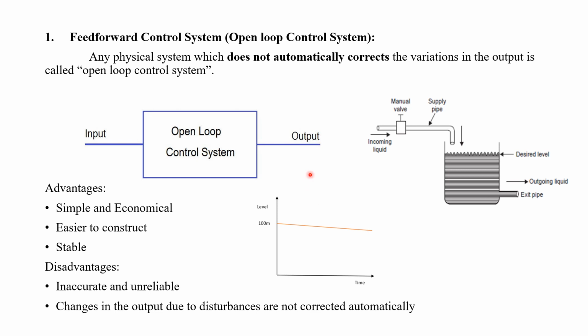So it's an inaccurate control system, as well as unreliable. That is, we cannot trust this type of control system. Any type of disturbances can affect this control system, and changes due to disturbance cannot be corrected automatically. So this is about the open loop control system.